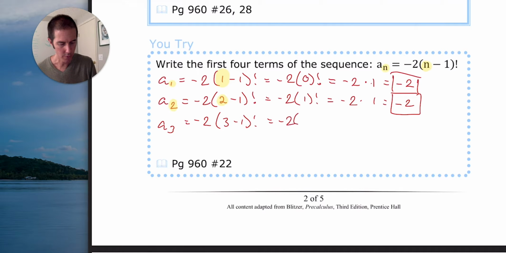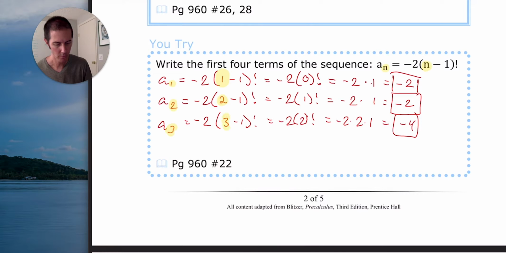That's negative 2 times 2 factorial. That's negative 2 times 2 times 1, which is negative 4. So you can see the things that are changing as we go through the calculation of each term. And I'm liking the look of that highlighter so that I can see what's being modified from one calculation to the next.